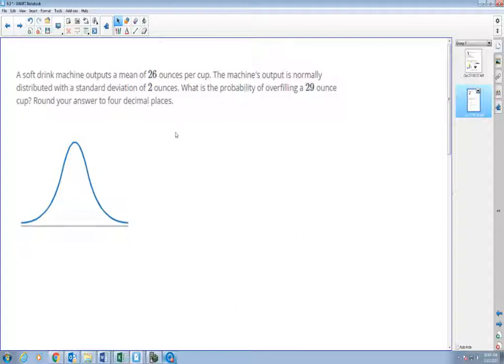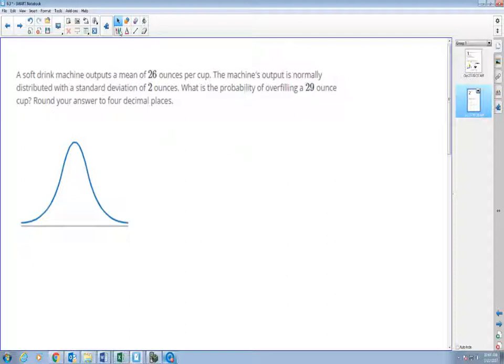When these machines put out drinks, it's never all the way to the top. There's a little bit of room before you fill it up, because it has a give and take of so many ounces, so you won't overflow. What is the probability of overfilling a 29 ounce cup?